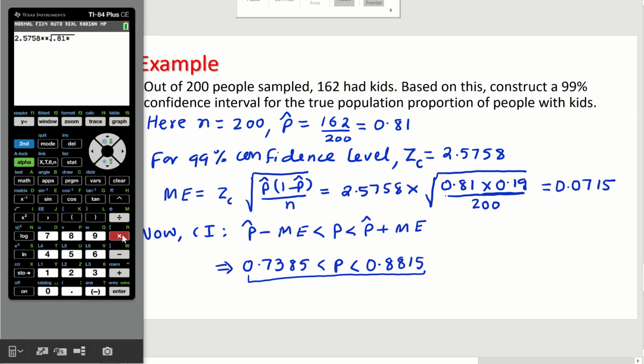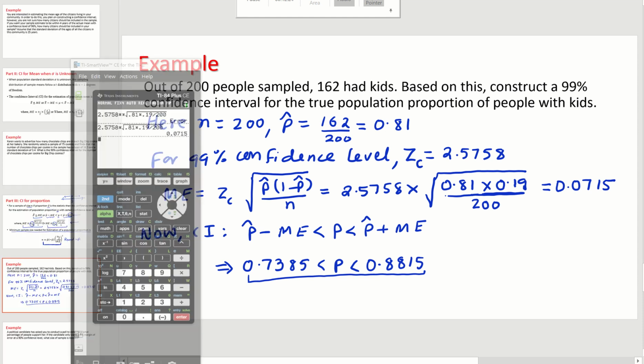Again, I am not typing something right. There's two multiplication signs. 2.5758 multiplied by the square root of 0.81 times 0.19 divided by 200 is 0.0715.